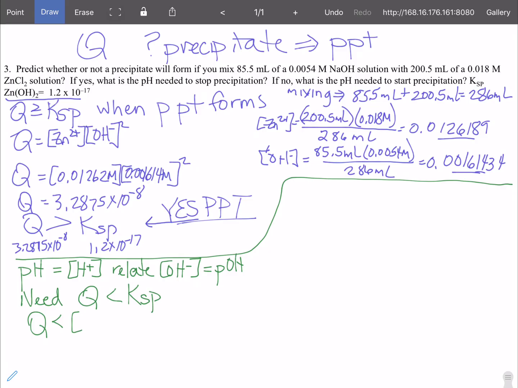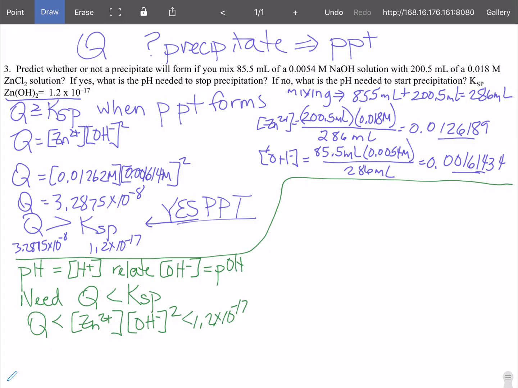So remember, Q less than KSP, we need zinc 2 plus times the hydroxide ion squared to be less than 1.2 times 10 to the minus 17th.